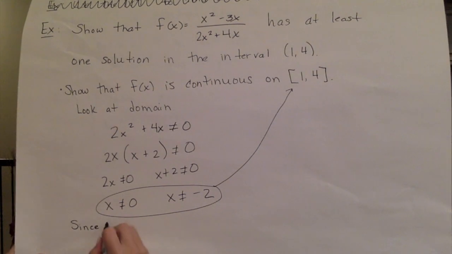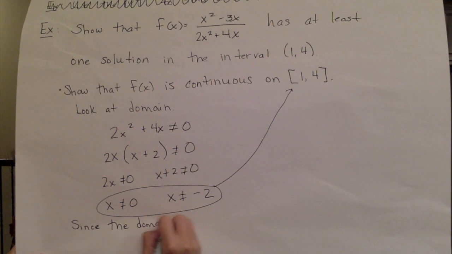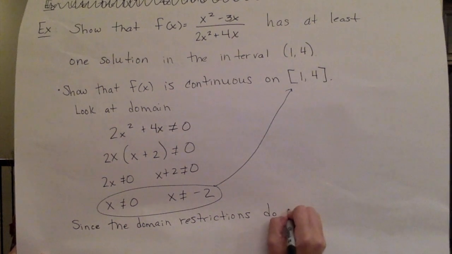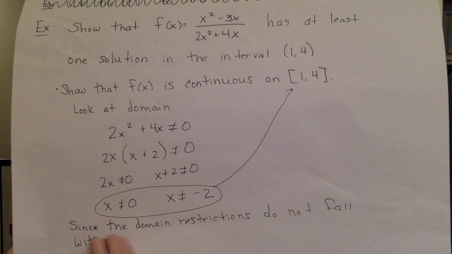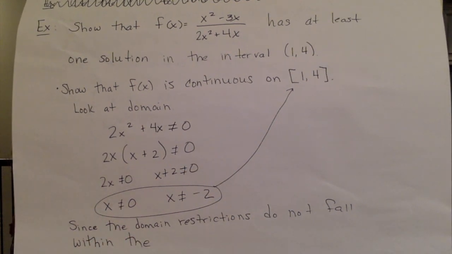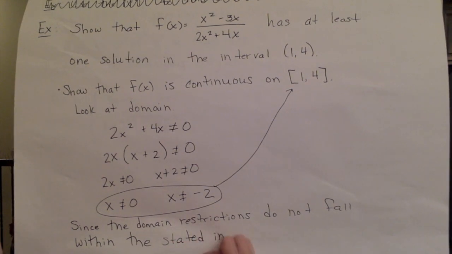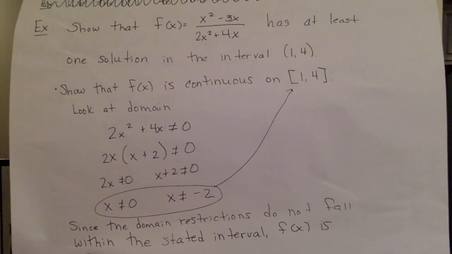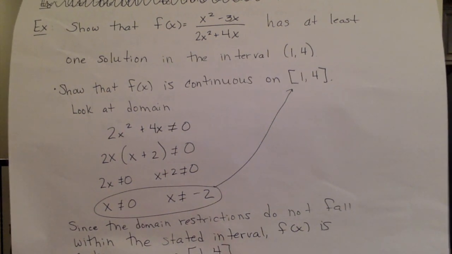So we might even say something about it: since the domain restrictions do not fall within the stated interval, f of x is continuous on 1 to 4.